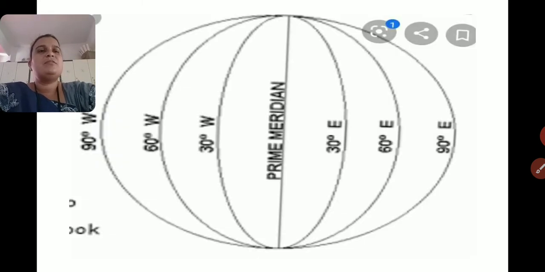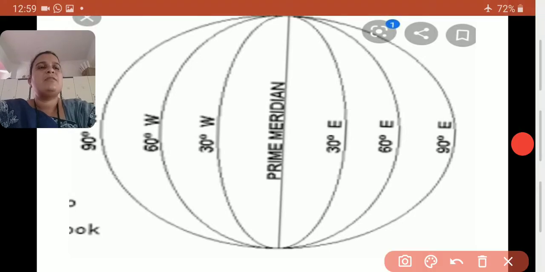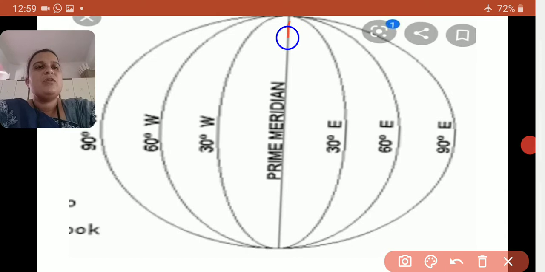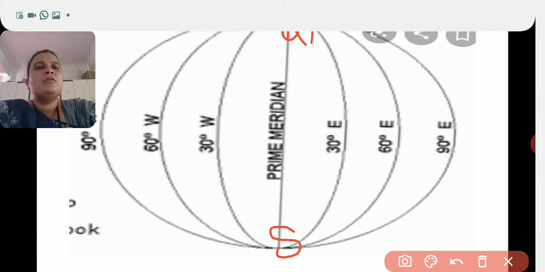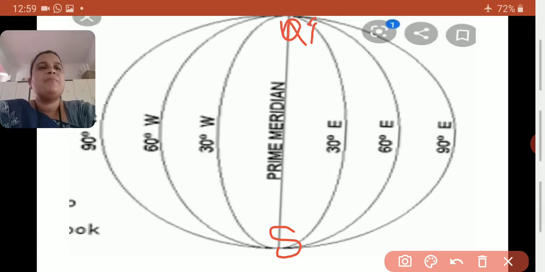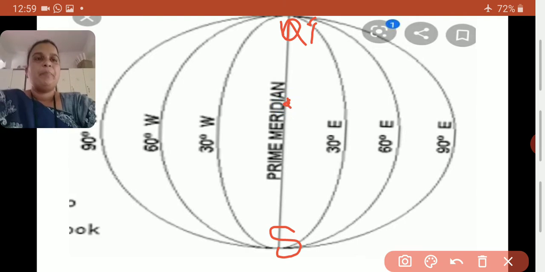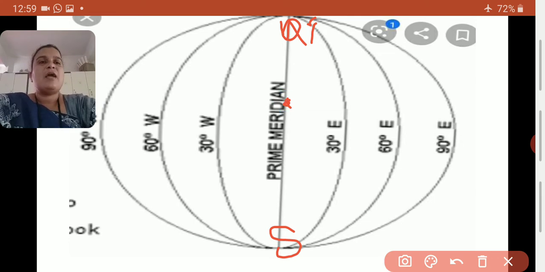Now how is it? See, this is our planet Earth. Here this is North Pole, this is South Pole. This line is considered as 0 degree, and here this is Greenwich, the place in Britain which is recognized as world standard time, also called the prime meridian.